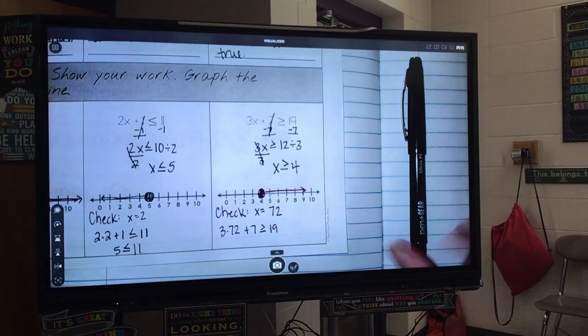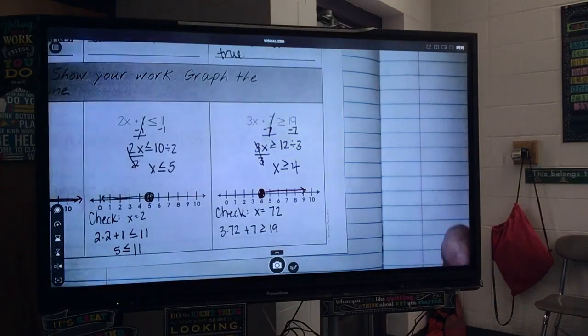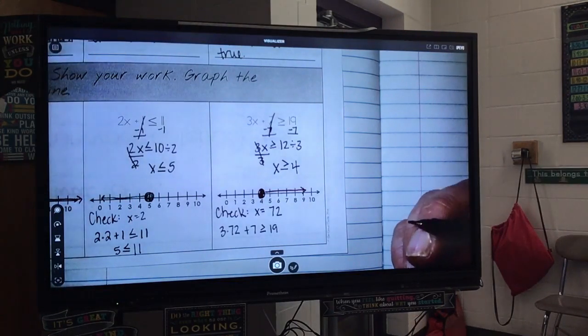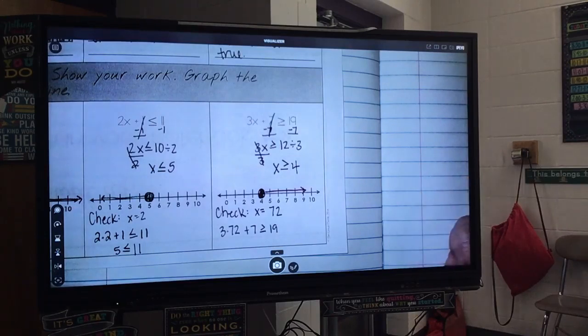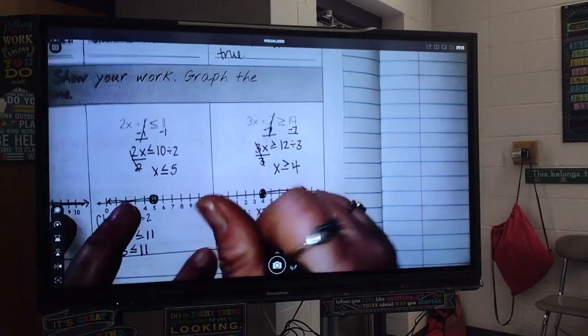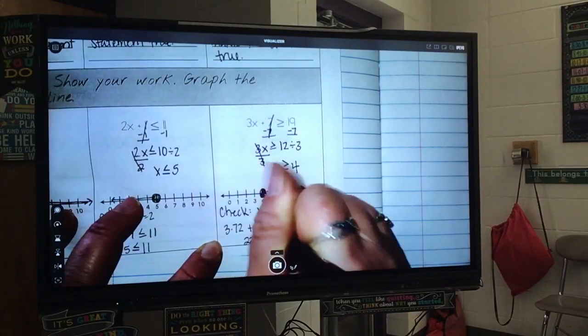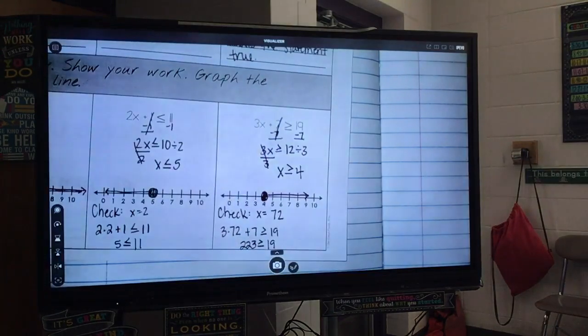Alright, Kaylee, 216 plus 7. Oh, yeah, 223. So 223 is greater than or equal to 19. Is that a true statement? Yes. Alright.